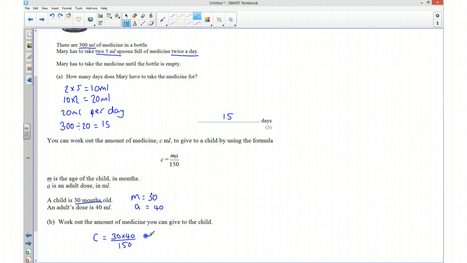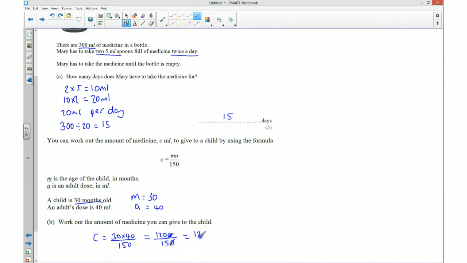Okay, so 30 times 40, well, 3 times 4 is 12, and then we need to times that by 10 and times by 10 again, so that's times by 100, so that's going to give me 1200, and we need to divide that by 150.